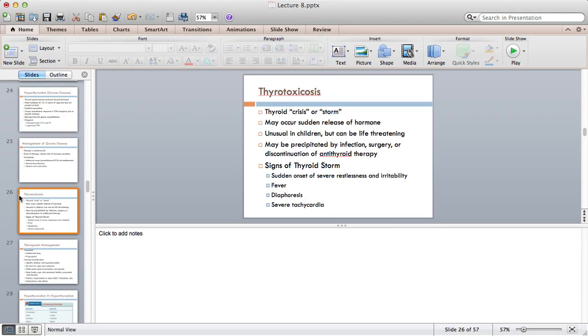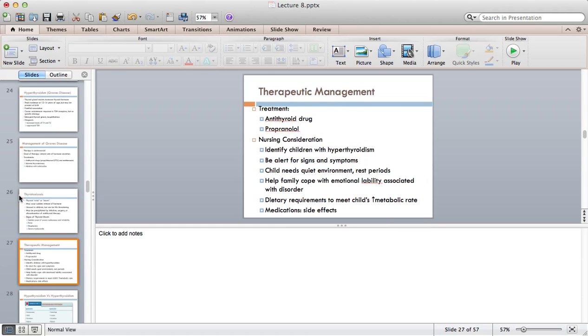So, management of that will be to give propranolol or Inderal to decrease the heart rate, and then we would also like to decrease the level of that hormone by giving medication.